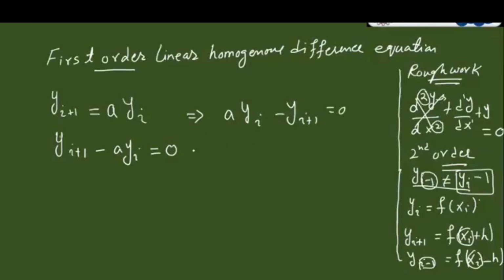The main point is all of them are called first order, and they are linear. They are linear because this coefficient is constant. Like you can assume there is a number 4. For example, if the equation is written like y_{i+1} equal to 3 times y_i, I will call it a first order linear difference equation.